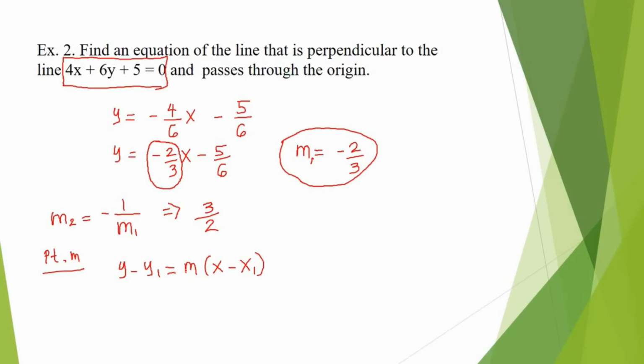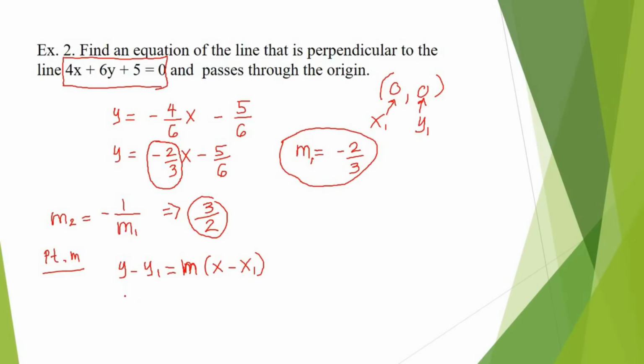Now the slope here should be equal to 3/2. And by the way, it passes through the origin. Our origin is 0, 0. Therefore, our x1 is 0 and our y1 is 0.